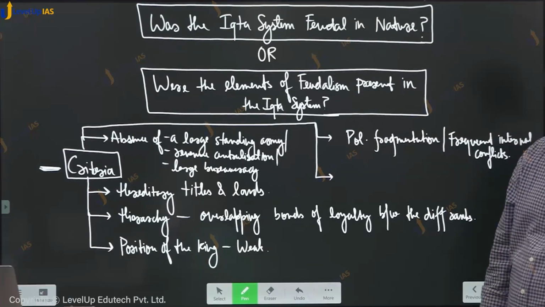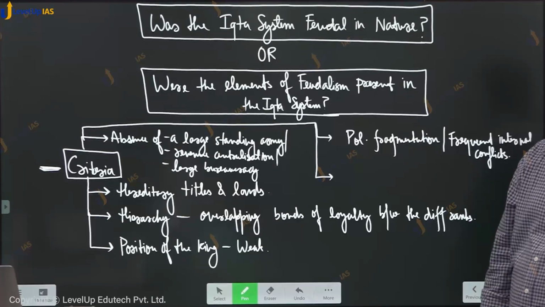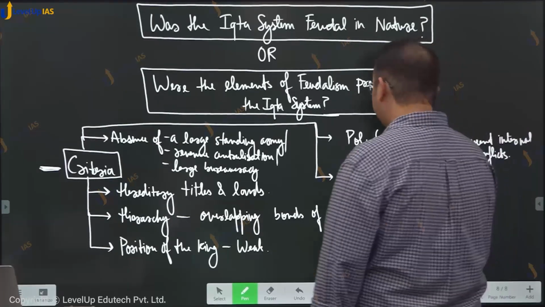A heavily urbanized economy or a ruralized economy? Ruralized economy.